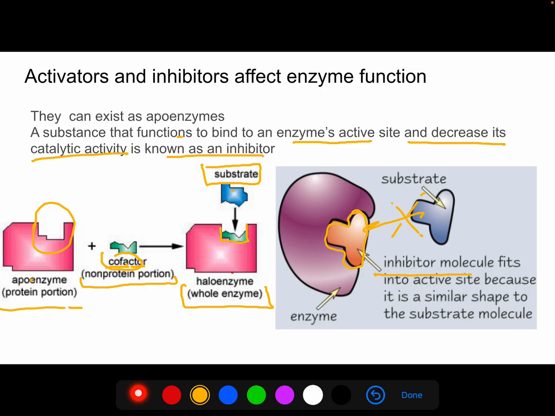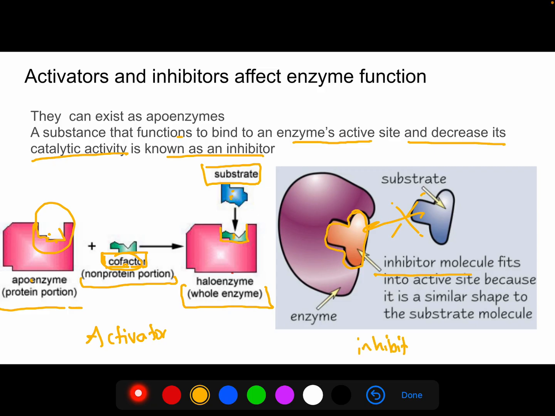So the activator molecules, like cofactors here, bind to the active site. Because with the active site like this, the substrate doesn't fit. See, the shape is different. But when the cofactor binds, it prepares the enzyme so the substrate can fit in. Okay, so those are the activators.